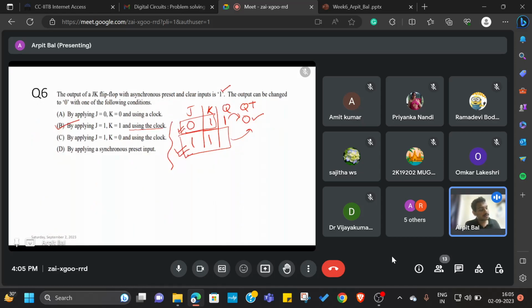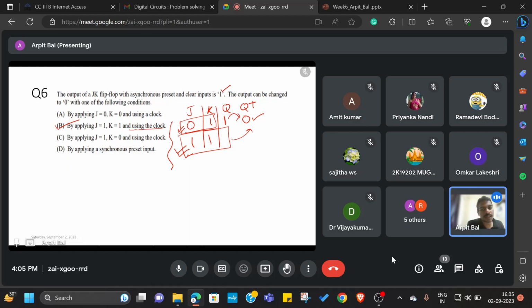Then the next question was related to the behavior of the JK flip-flop. Here we needed to figure out that if Q is 1, then what input can be applied to make Q plus equal to 0. There were two possible conditions.